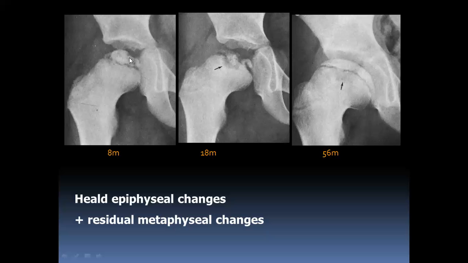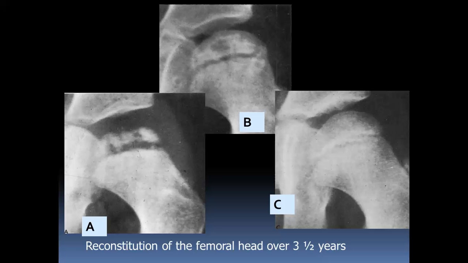So sclerosis and fragmentation, and then healing by flattening. We can say that this is fragmentation, and then here it starts to collect, to heal, and this is the healing with flattening and collapse of the femoral head.